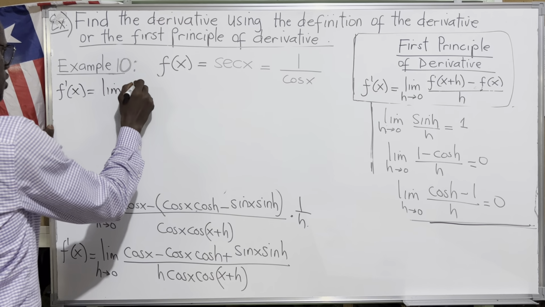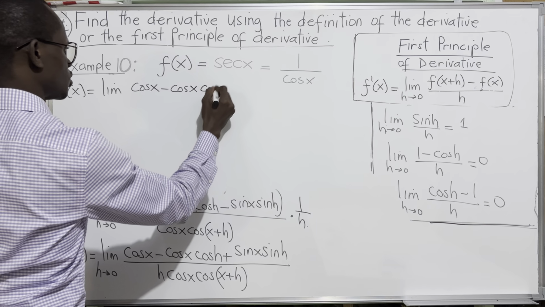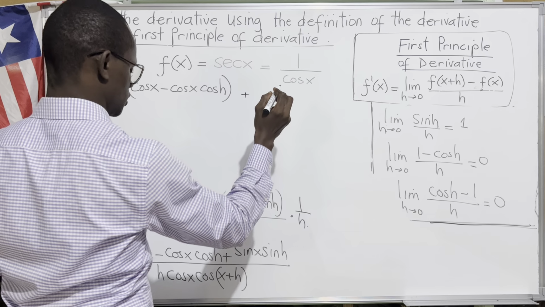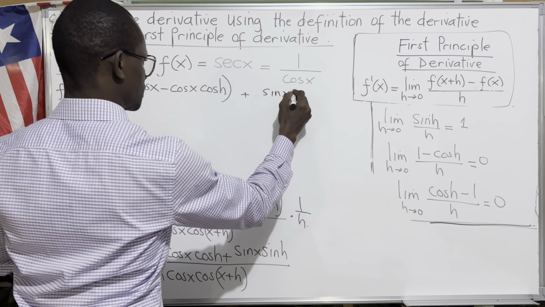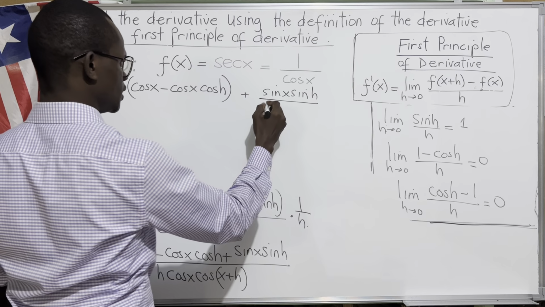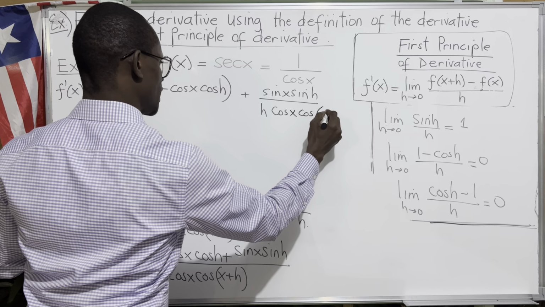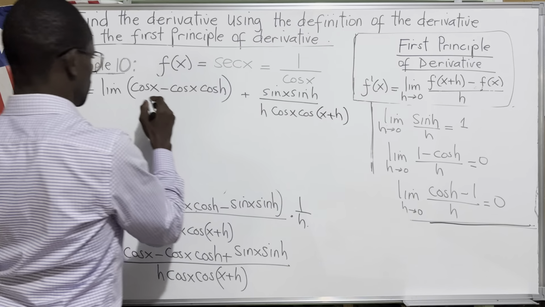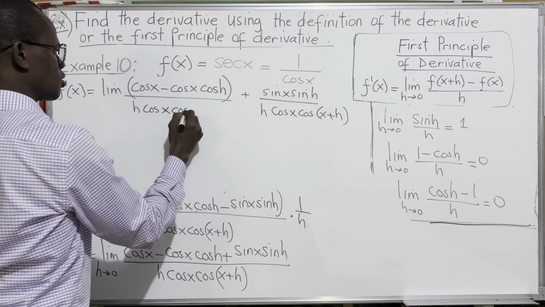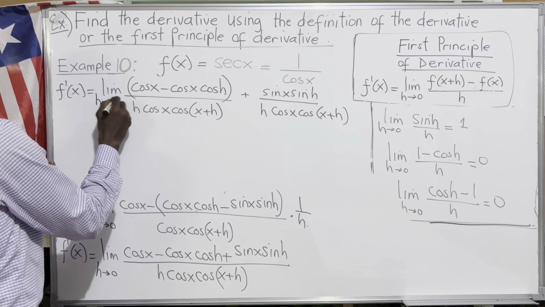So we group the first term, cos of x minus cos of x cos of h, group them like this, plus sine of x sine of h. Now we can separate this denominator, h cos of x plus h, and then we do the same thing here, h cos of x plus h, as h now is approaching 0.